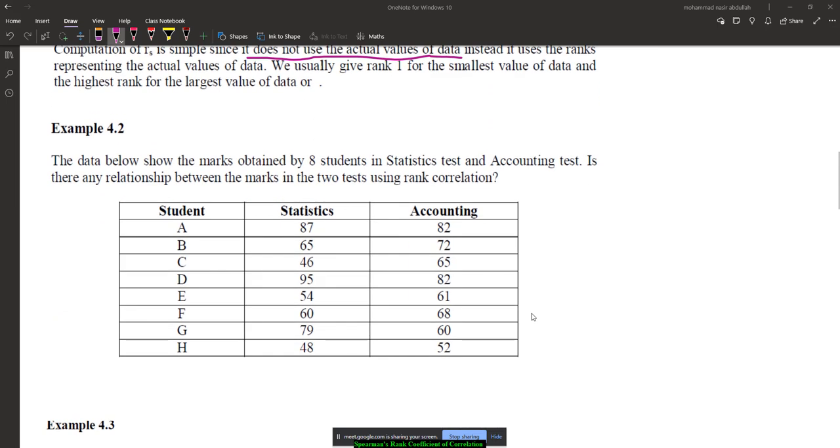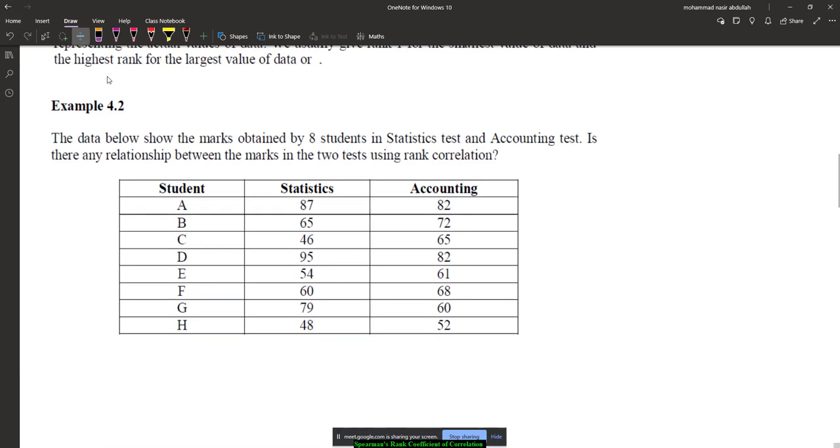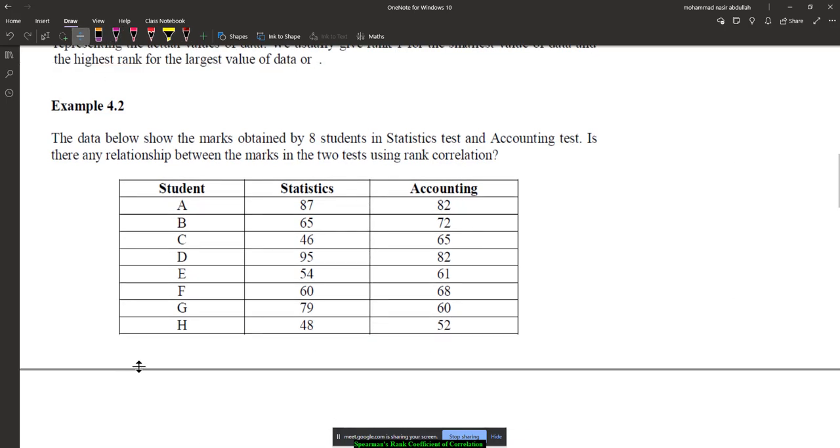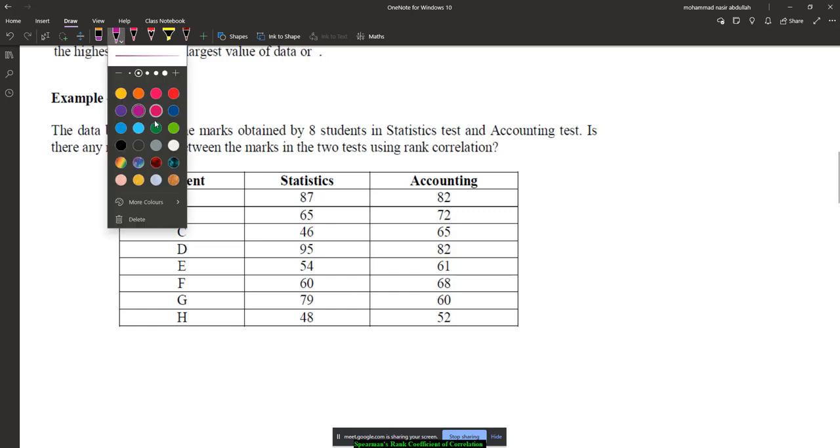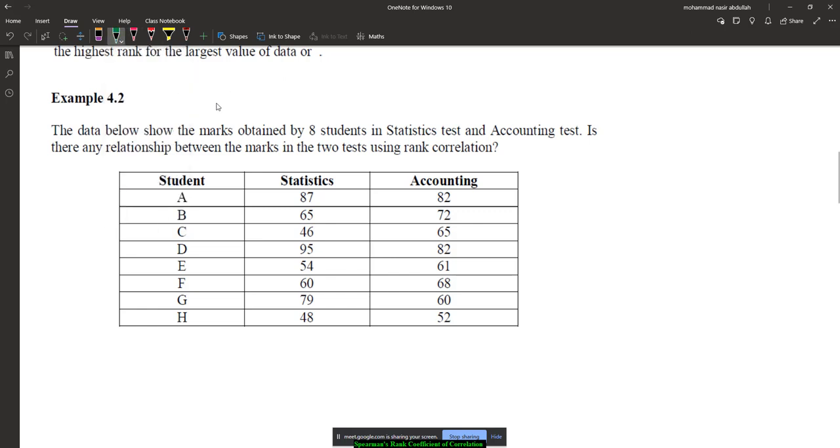Now let's look at example number 4.2. The data below show the marks obtained by 8 students, so n equals 8, in a statistics test and an accounting test.